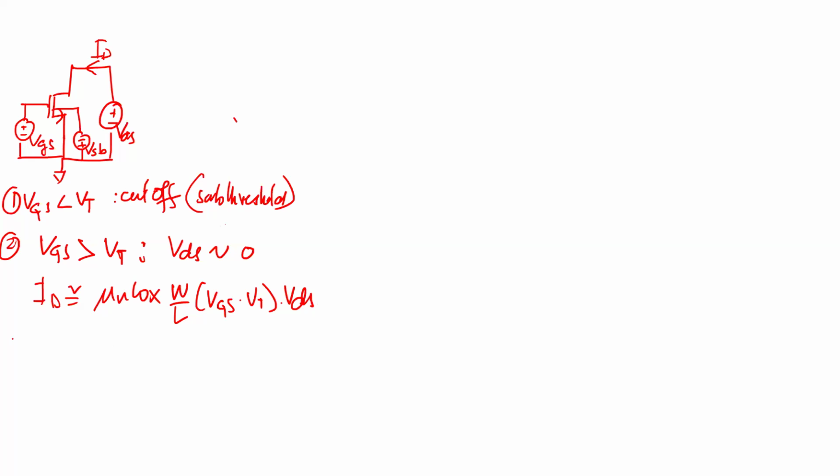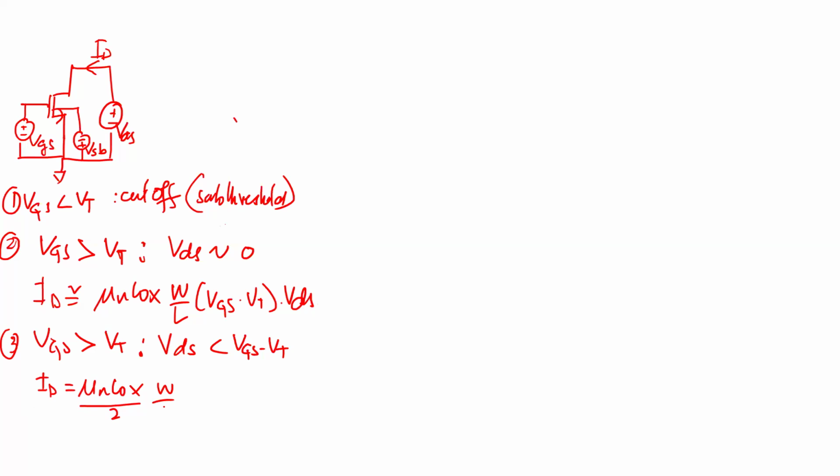Okay, now the third one is if VGS is greater than VT, but VDS is not small, but it is less than VGS minus VT, which is called VDSAT, V on, V effective, V excess, a lot of names, but that's what it means. Then the equation is the triode region equation, which is a nonlinear equation. ID equals mu n Cox W over L, and then divide by 2 at the end.